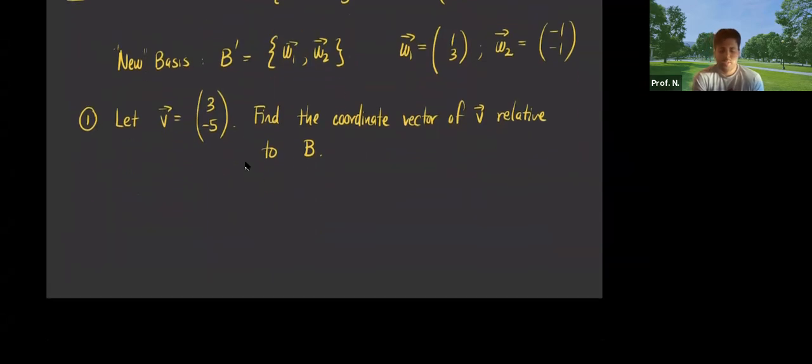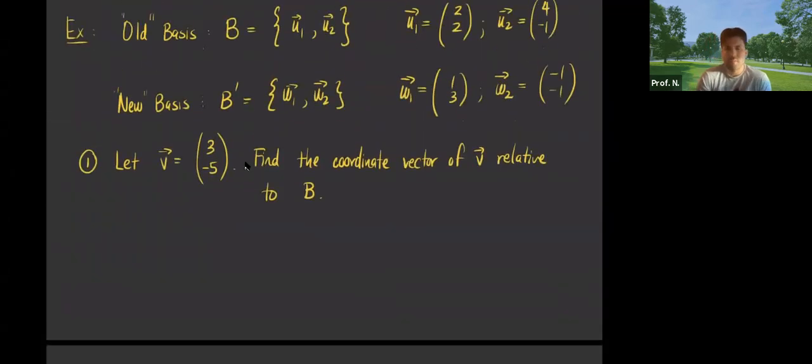This should be the easier part of all of this because we've done this already. So what do we have to set up? What's the equation? Remember, I'm finding V in terms of B. That's what I'm trying to find. So how do we start this?